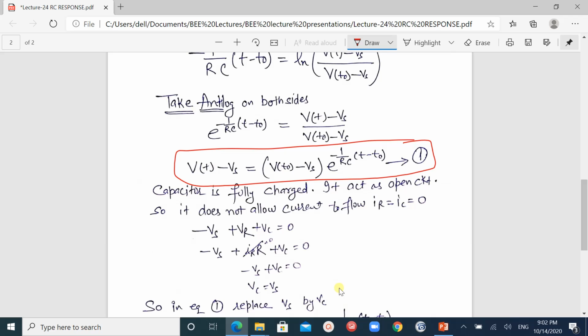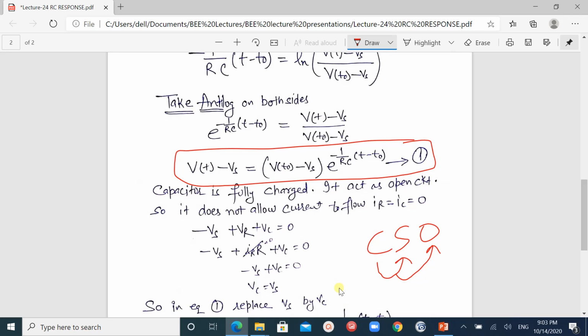Now the capacitor is fully charged when we have the final condition, meaning the steady state condition. The capacitor is fully charged, it acts as an open circuit, as I have told you in the previous video. Recall that the capacitor at the initial condition is a short circuit and at the final condition it is an open circuit.